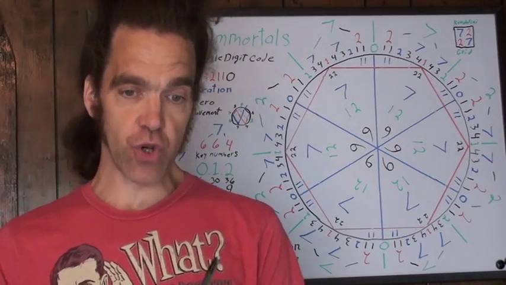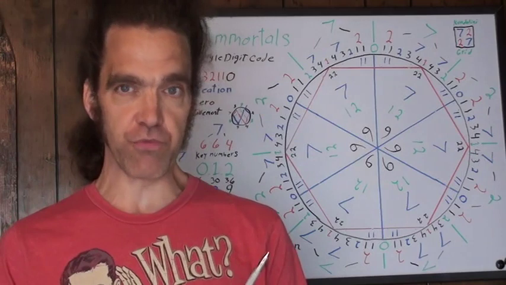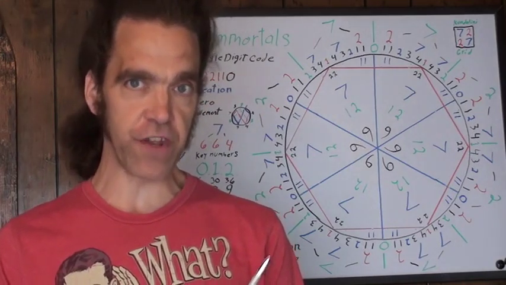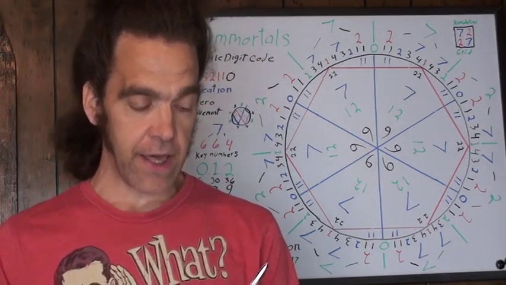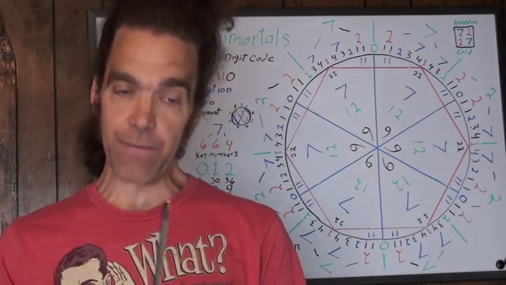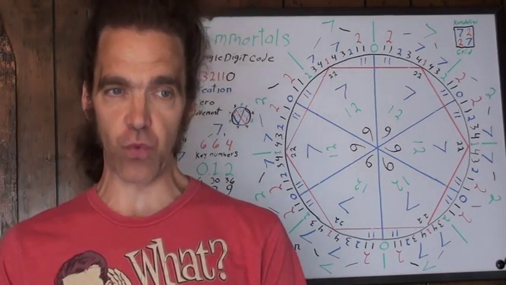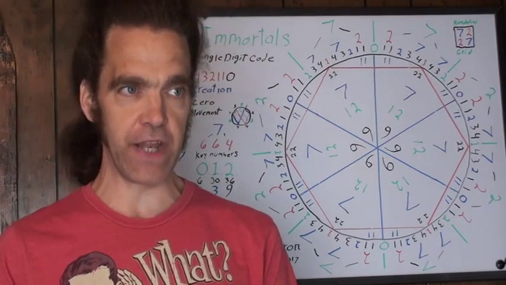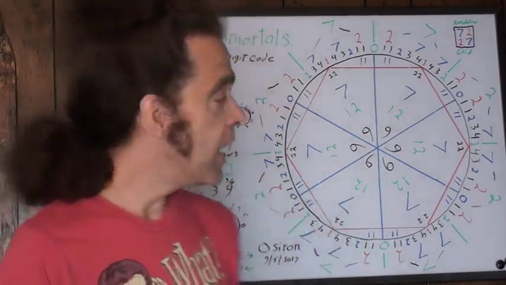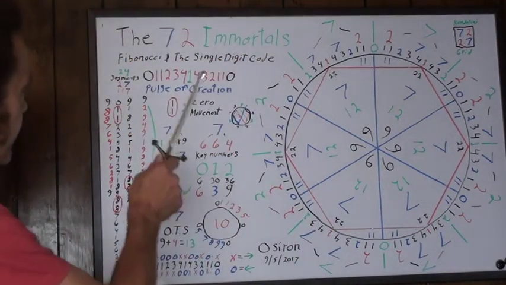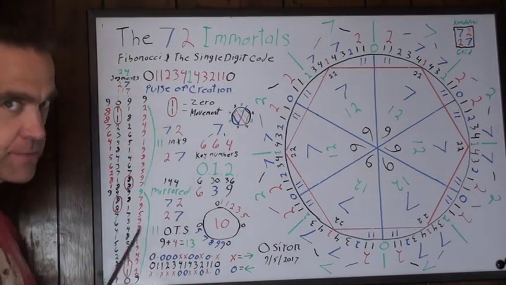The root code before any processing is 24 digits, okay? But once you filter it through the vortex math wheel, and I'll show you how that happens in a minute, it produces a code of 12. And that code is what I call the pulse of creation.